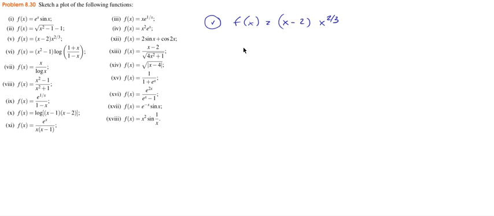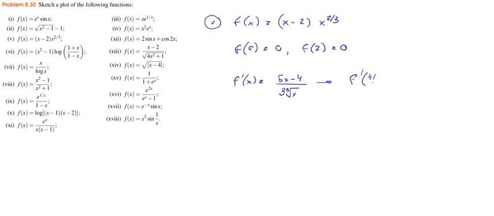Now obviously there are two zeros here, at 0 and at 2. Now let's see, the derivative of this, if you do it, is 5x minus 4 divided by 3 times the cubic root of x. Now this is 0 at 4/5, which is slightly smaller than 1.